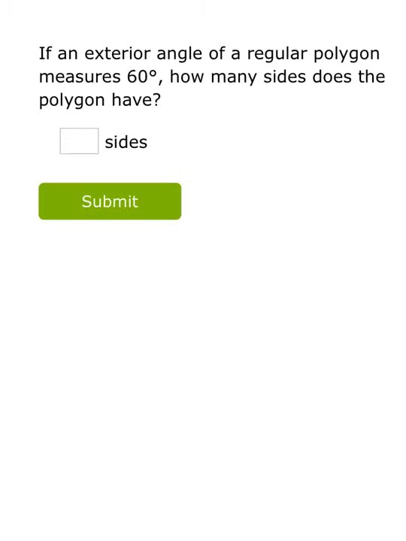Alright, last problem. If an exterior angle of a regular polygon measures 60 degrees, how many sides does the polygon have? So we have to do a little bit of working backwards on this. I know that my formula, 360 divided by n, tells me what the measure of each exterior angle of a polygon equals.